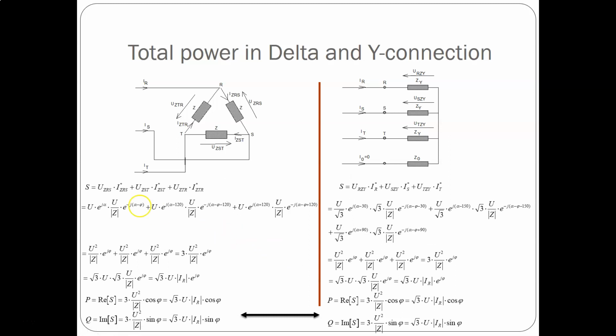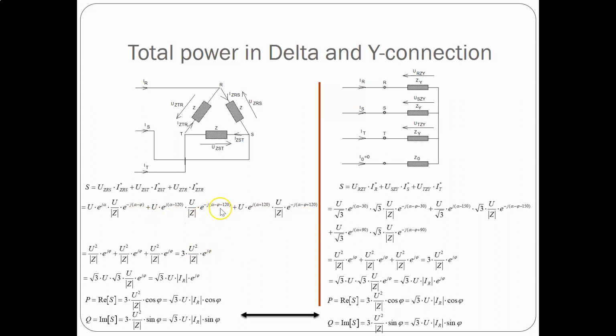So let's put up the expression for total power for each case. On the left-hand side, let's start with the delta. This is just using complex power, as we already learned, for each phase over here. Then we put in the voltage and current, as we showed from the last slide. And the same for each phase, you just put in.